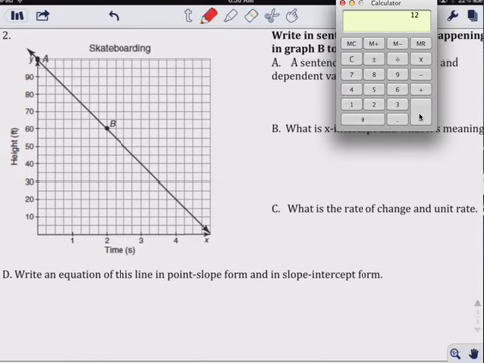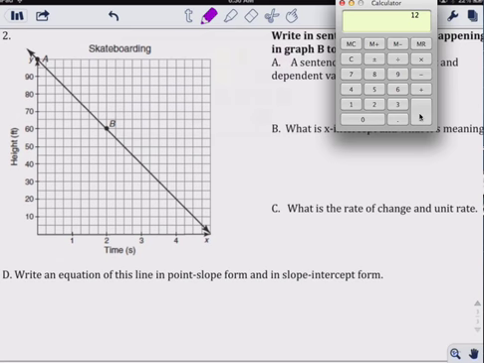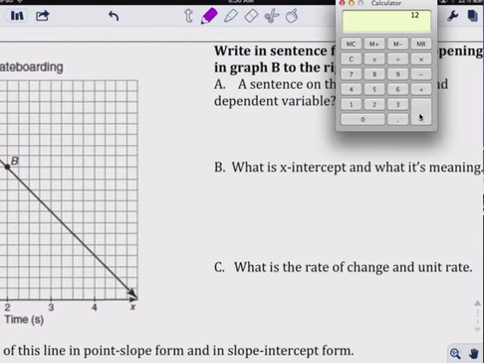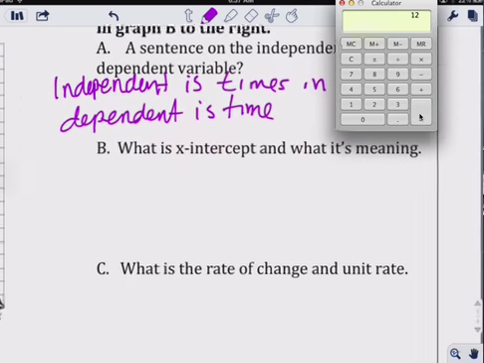This one here. Independent and dependent variable. Independent is time in seconds.